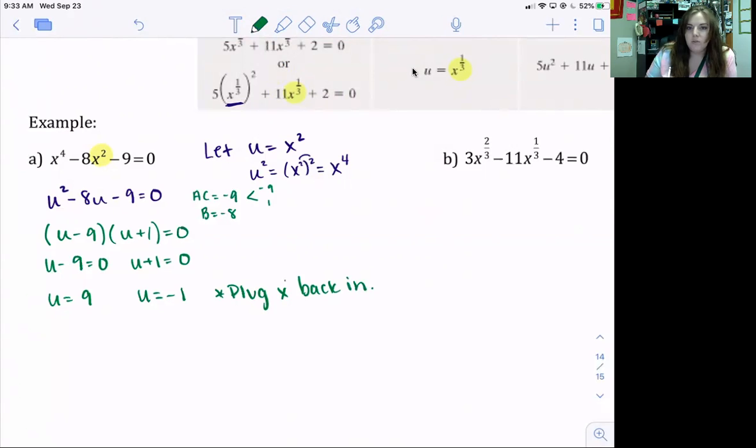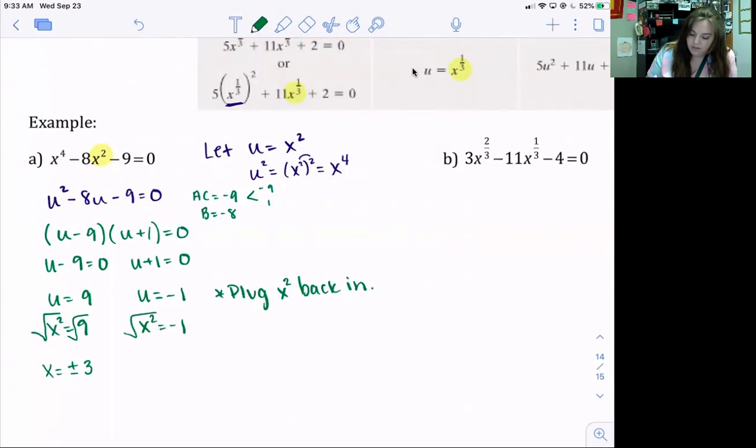Okay, so u is actually x squared. So we're going to plug x squared back in. So we get x squared equals 9, or x squared equals -1. And then we can solve using square roots. So we're going to square root both sides. So x equals, don't forget your plus or minus, and the square root of 9 is 3.